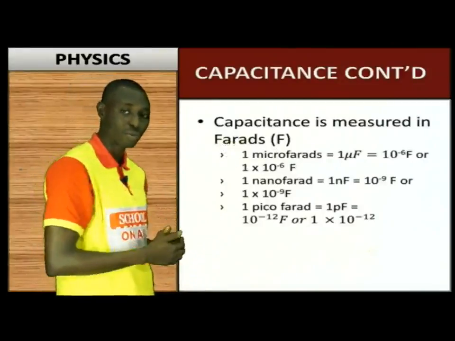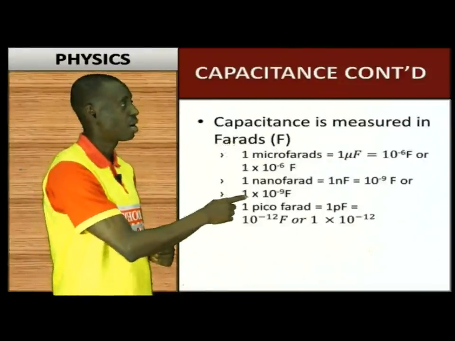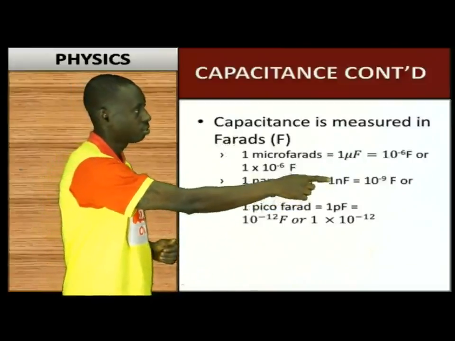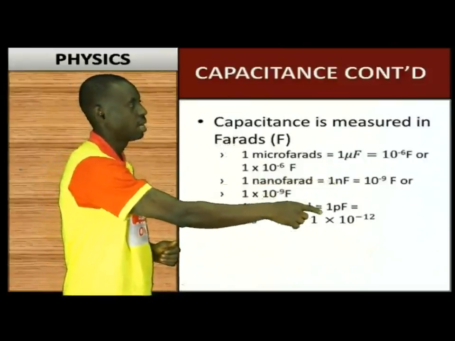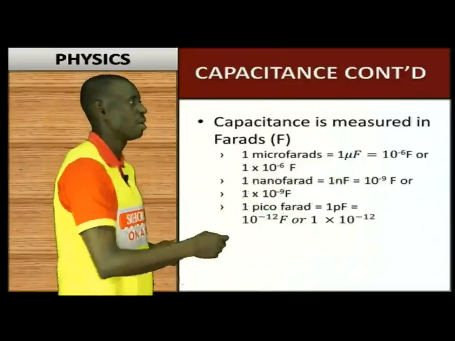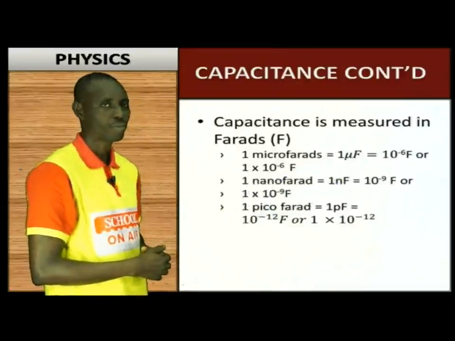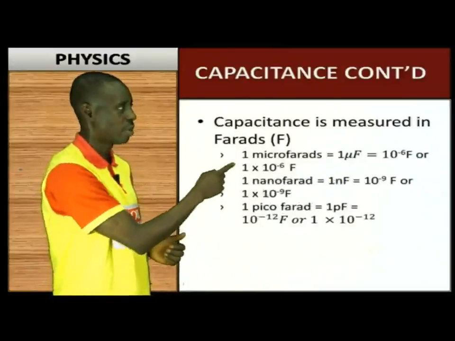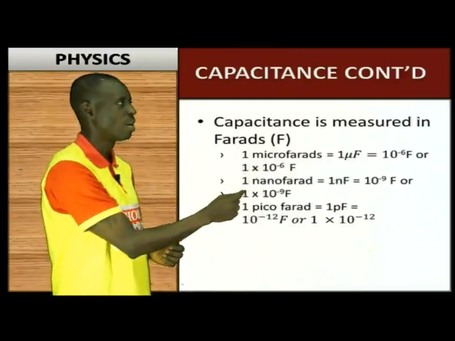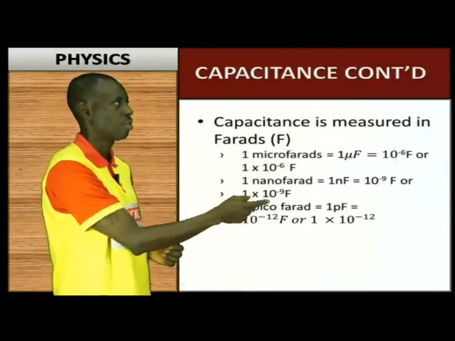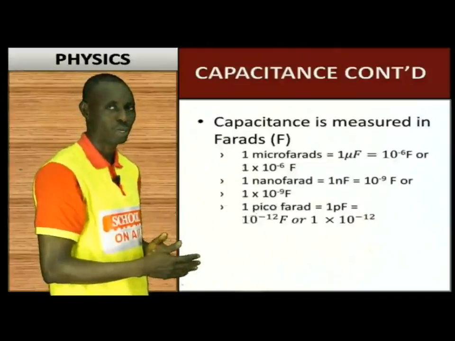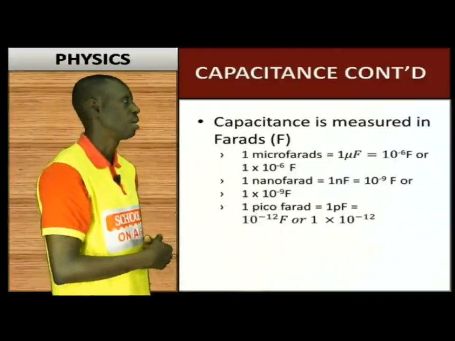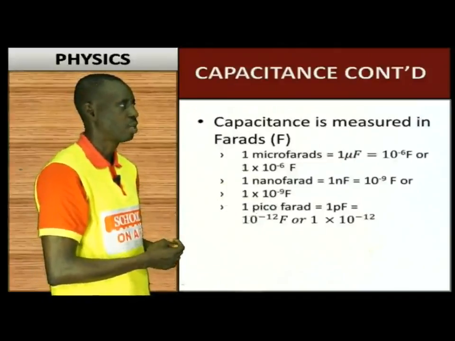Apart from microfarad, we can also talk about nanofarads. The micro is 10 raised to the power minus 6 farad, but 1 nF is equal to 10 raised to the power minus 9 farad, or 1 times 10 raised to the power minus 9 farad, which means that nanofarad is smaller than microfarad.